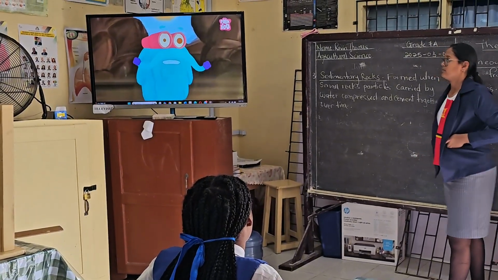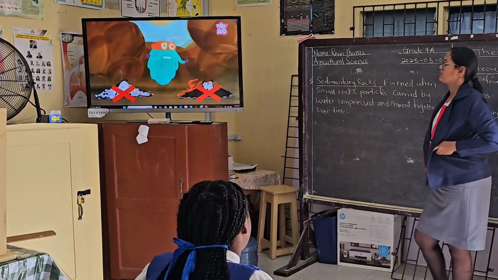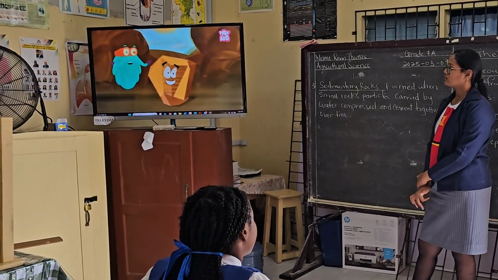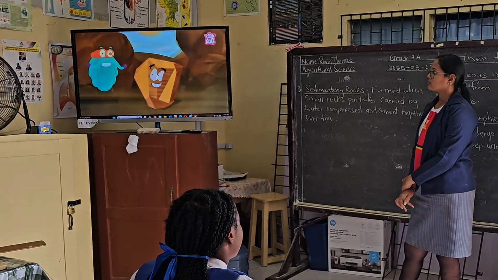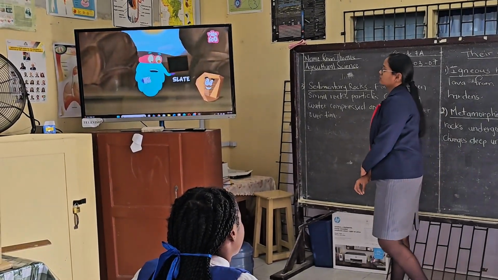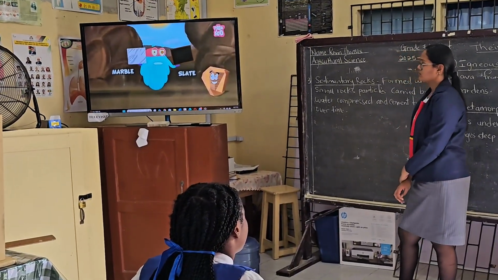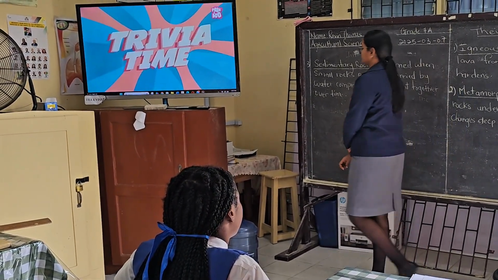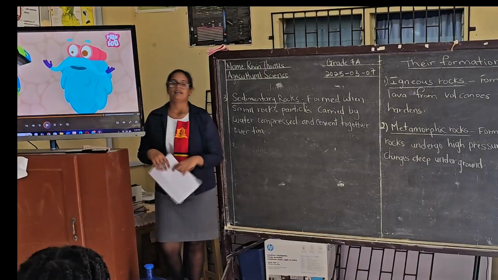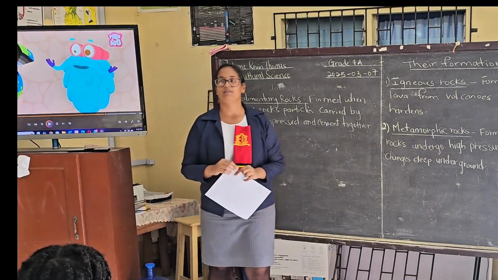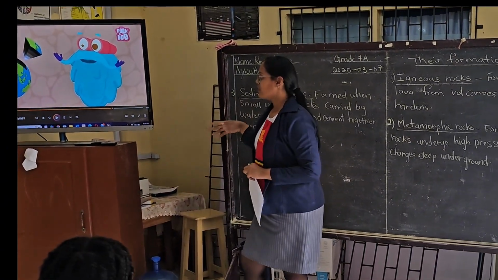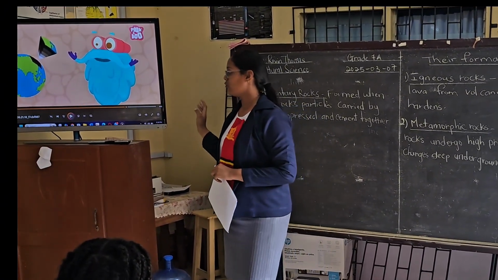However, this process doesn't melt the rocks, but instead transforms them into denser, more compact rocks. Slate and marble are some examples of the metamorphic rocks. Trivia time!